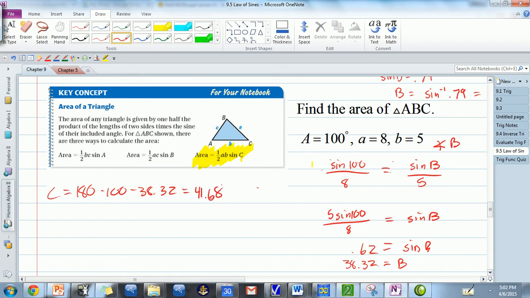So since I have C now and I can use that one right there, now my area is just 1/2. A is 8, so 1/2 times 8 times 5 times sine of 41.68. And I can find my area.